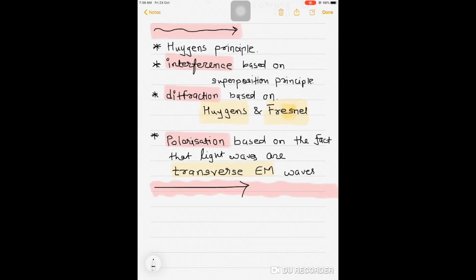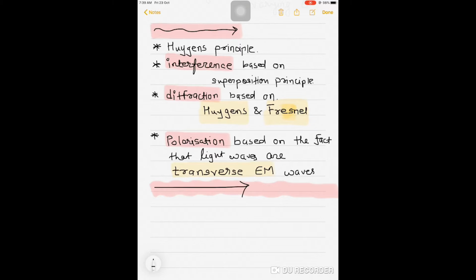So it is very clear that initially it was believed that light moves on a straight path, but later on it was established that light moving in a straight path is a special case, while in actuality light is a waveform and it experiences different phenomena like interference, which is based on the superposition principle, then diffraction, which is based on the Huygens and Fresnel principle, and third, polarization, which is based on the fact that light waves are transverse electromagnetic waves.